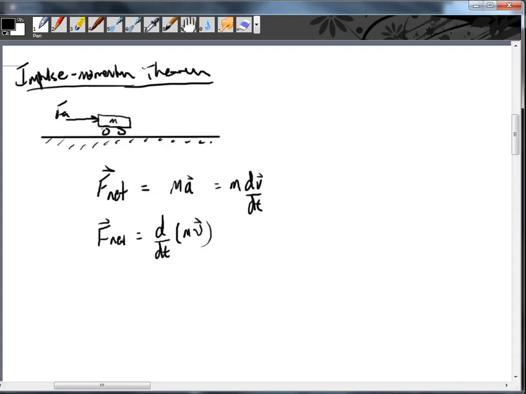Now, usually our mass is a constant, but yesterday we talked about some examples where mass would not necessarily be constant. Jets and rockets, where the whole purpose is to spew mass out the back of the engine to propel your device forward. Or the fire hose that is strong enough to knock firemen over.